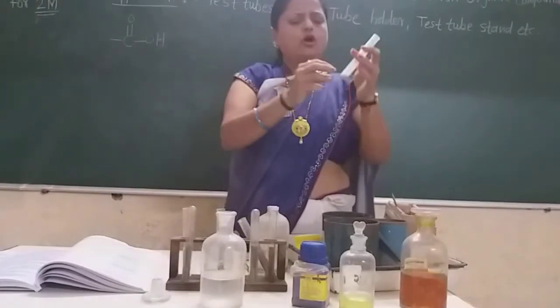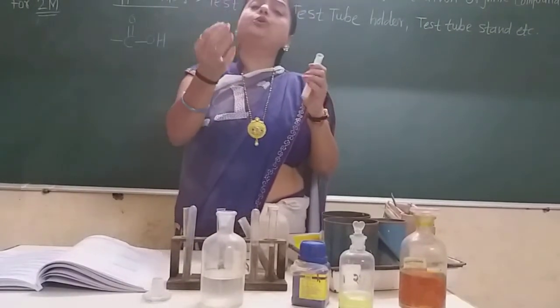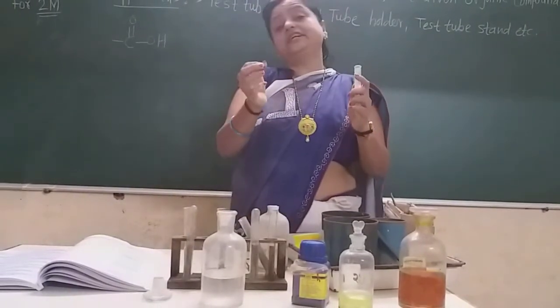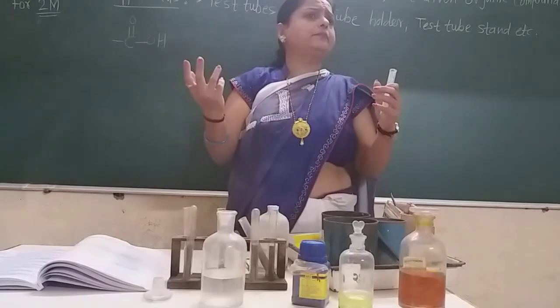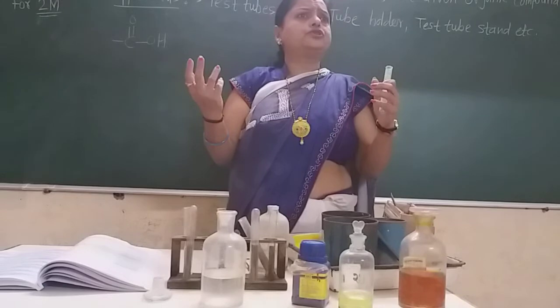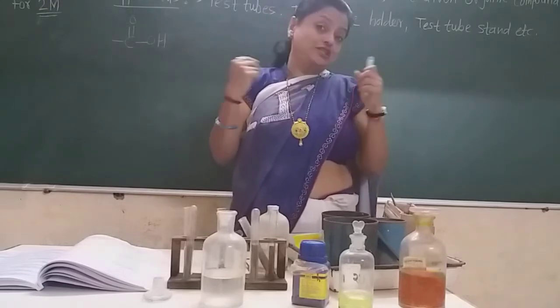First, take only a little amount of the given organic compound. You have to add into that 10% sodium bicarbonate. If there is no strong brisk effervescence of gas, then that compound is not a carboxylic acid.